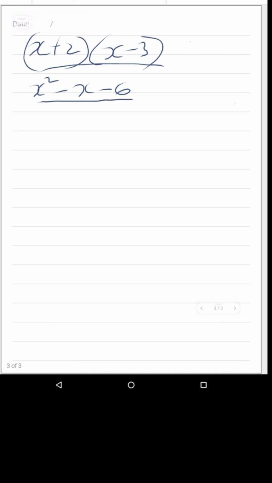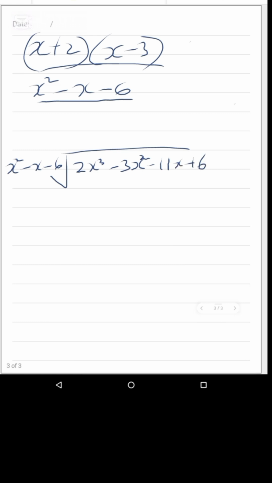So now remember, we are doing division. Here we have x squared minus x minus 6, and our polynomial is 2x cubed minus 3x squared minus 11x plus 6.